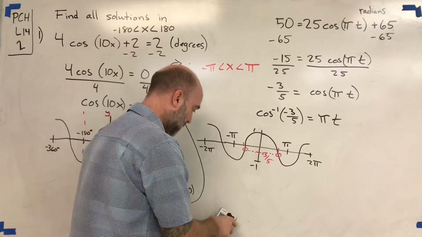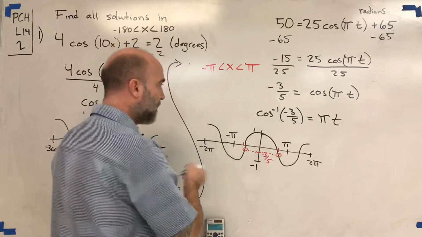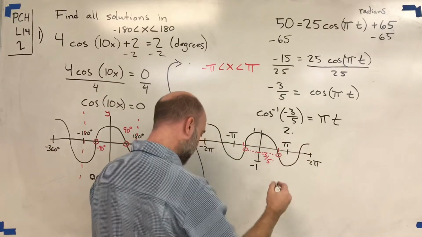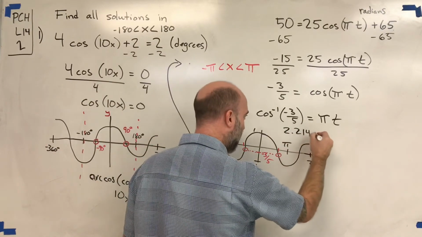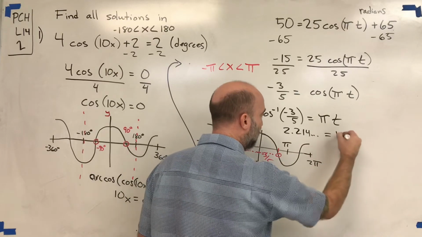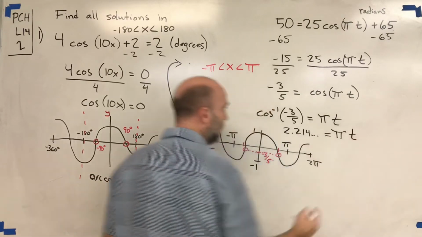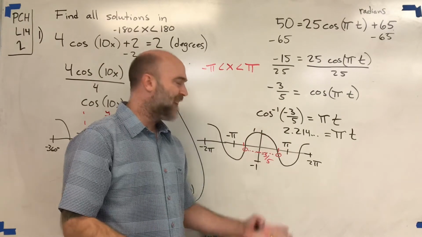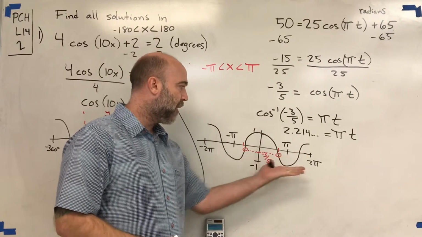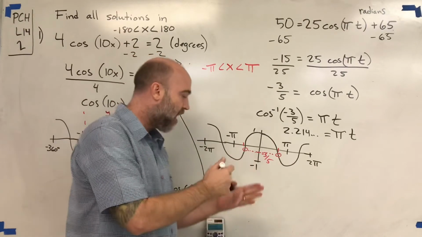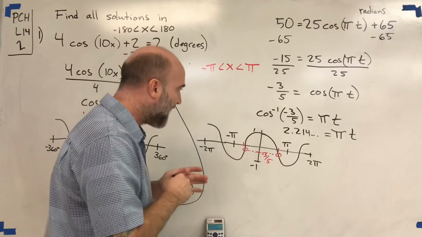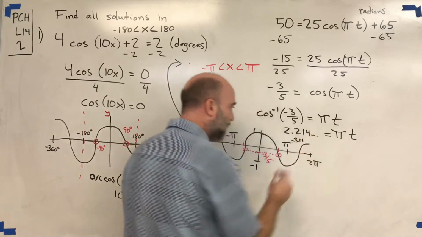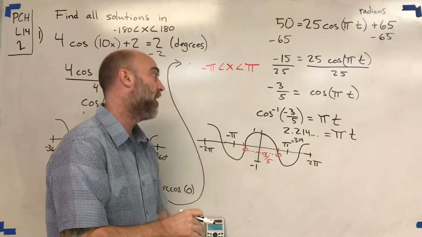So this right here is 2.214 dot dot dot. That's equal to pi t. So I plugged this into my calculator, that's what I got. Well, what does that mean in this context? Notice, pi is 3.14, so it's nice to get a handle on what's going on here.